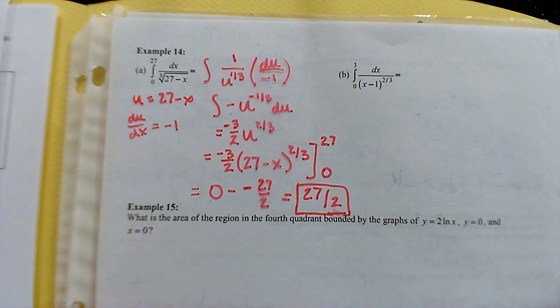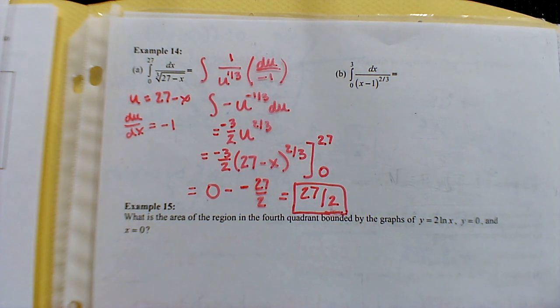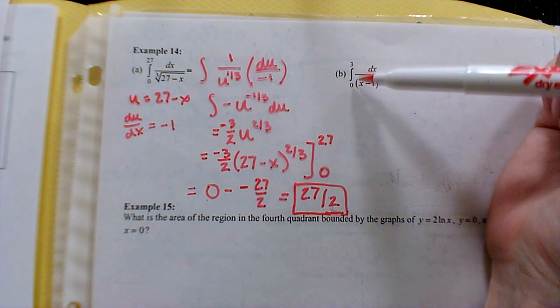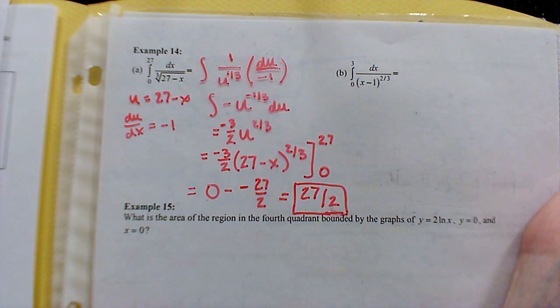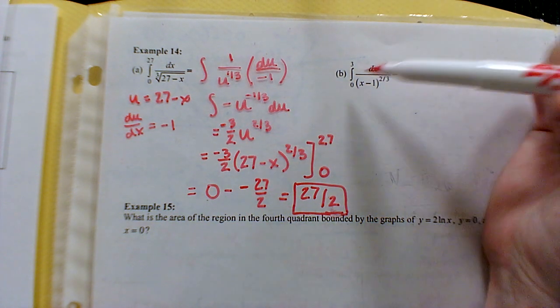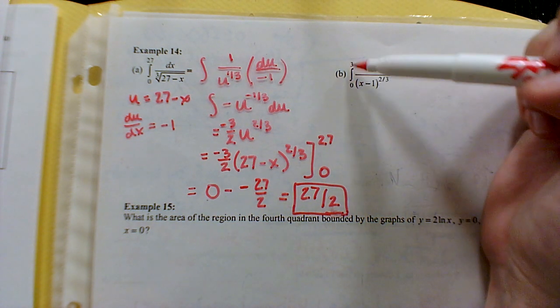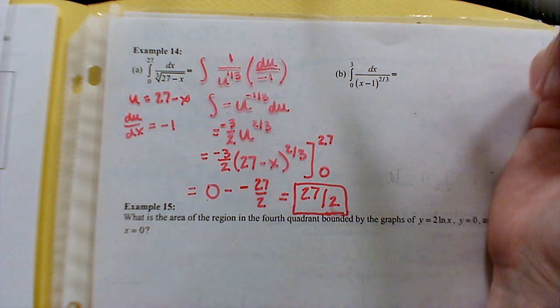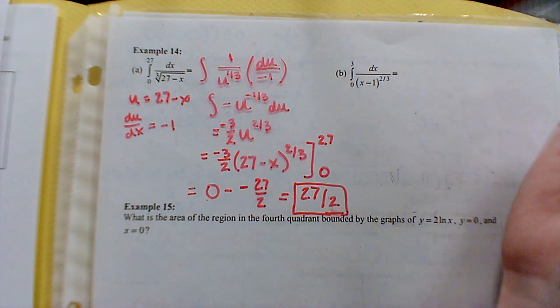All right, let's go ahead and try the next one. Kind of similar. Where's our issue for this one? Yeah? 1. It's at 1. Okay, so notice how this time the issue point is in between the bounds.